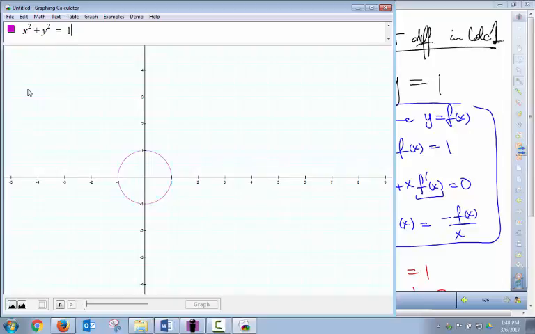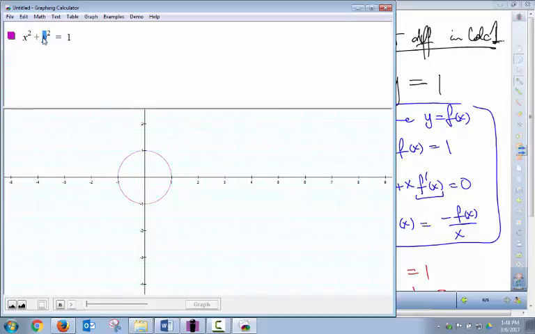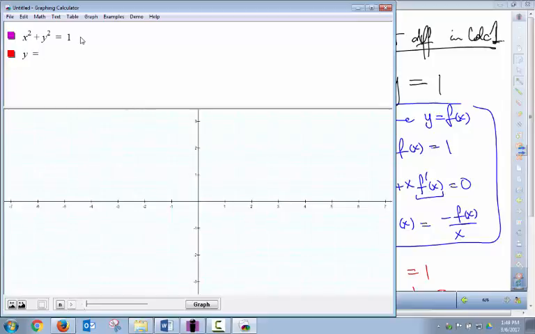Now, the unfortunate thing about this is that if you solve for y, see if I can solve for y. No, I can't. If you solve for y, you're going to get a couple of solutions.